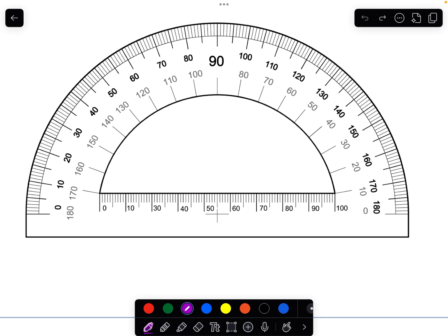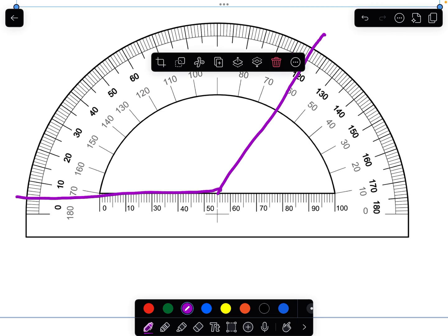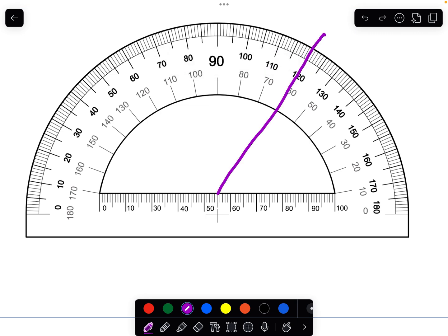Okay, I'm going to do one more just because we're having all this fun. This is a more challenging one. What measures this angle?